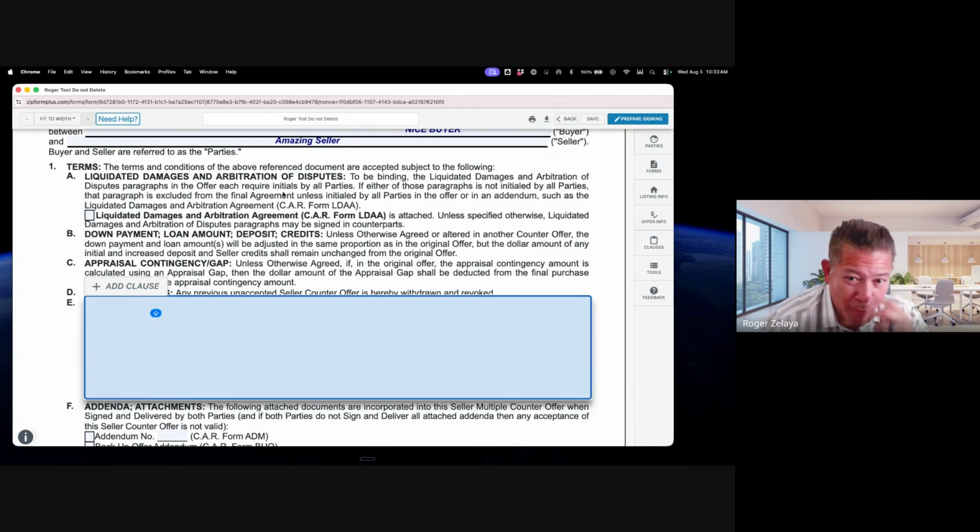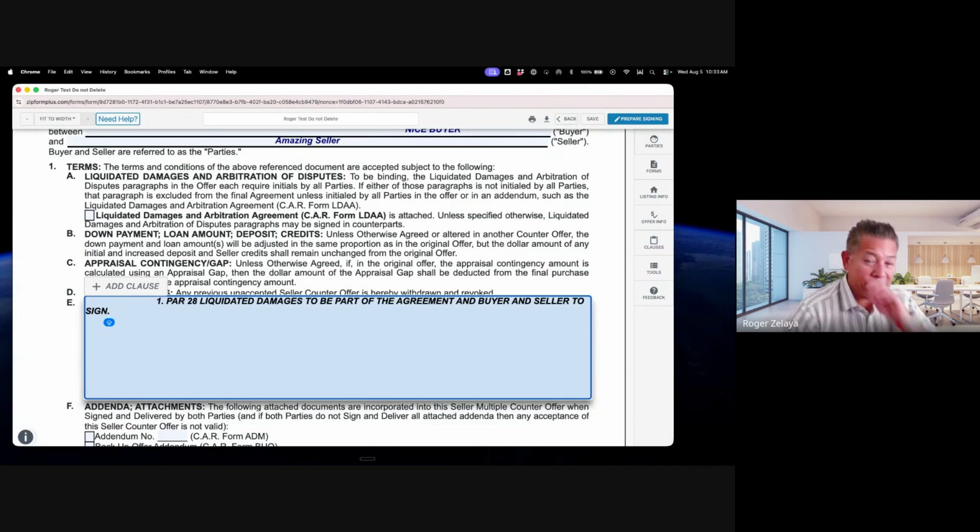What we used to do before is go on here and say, paragraph, I don't know, 28, I'm just making it up, liquidated damages to be part of this agreement, and buyer and seller to sign. That's what we usually used to do, and then you'd go back and alter the original purchase agreement.